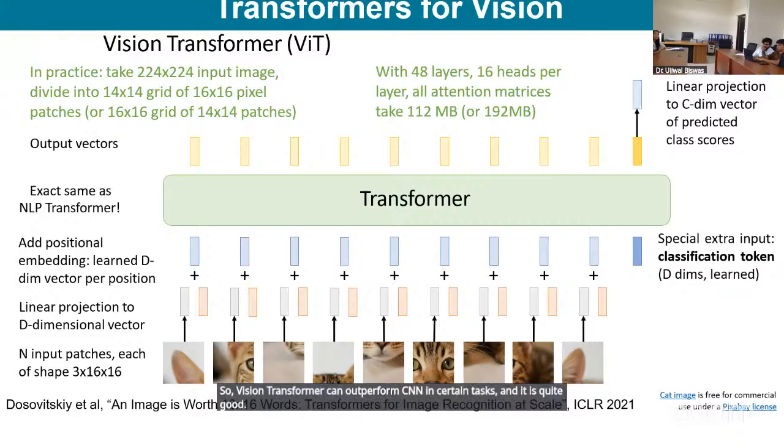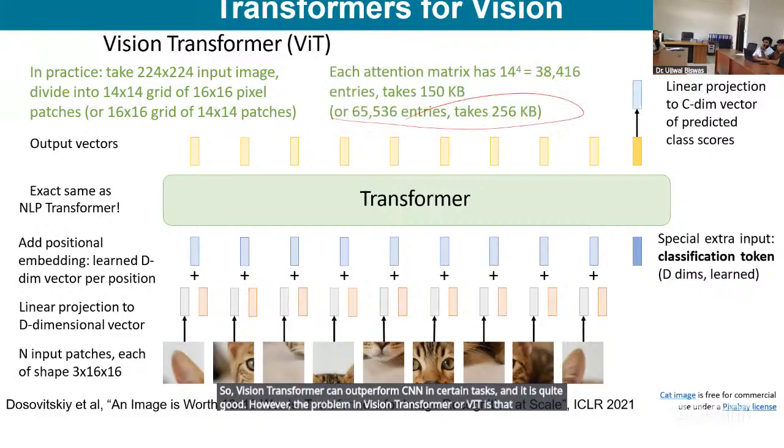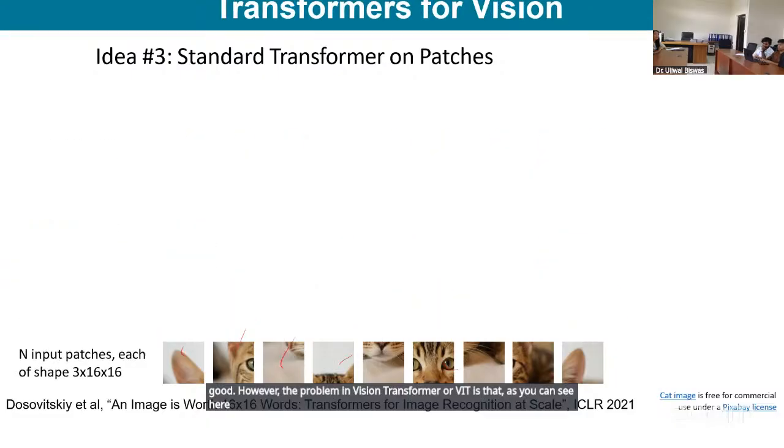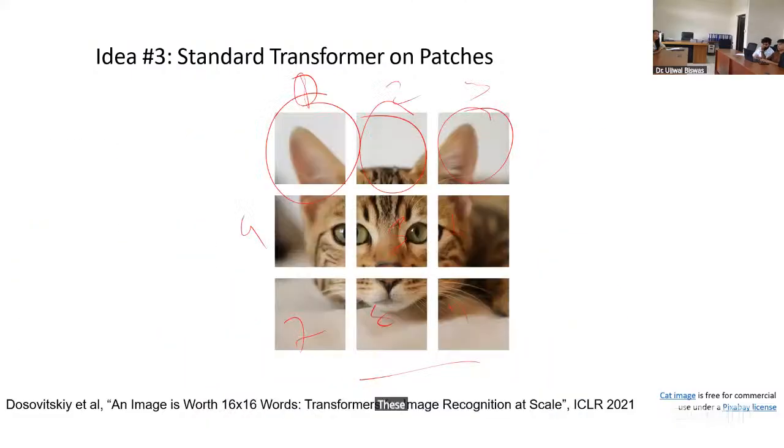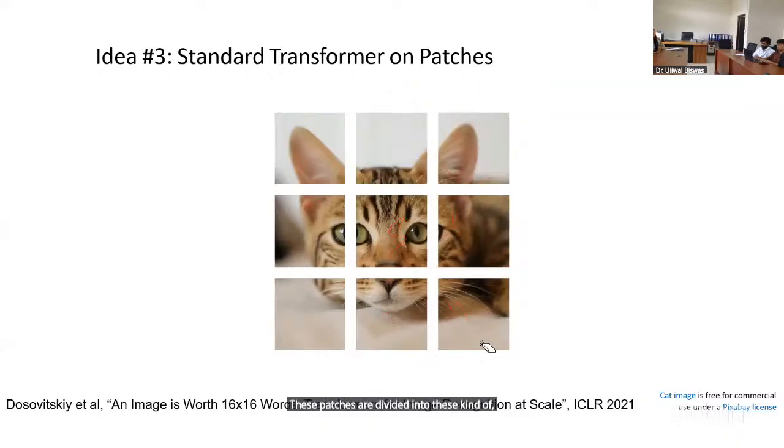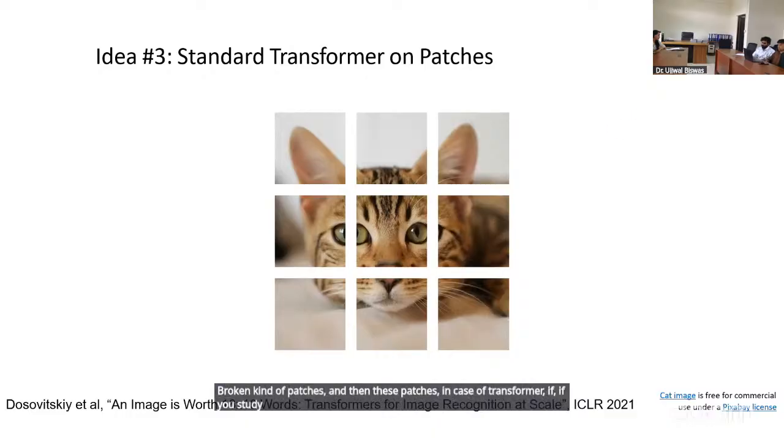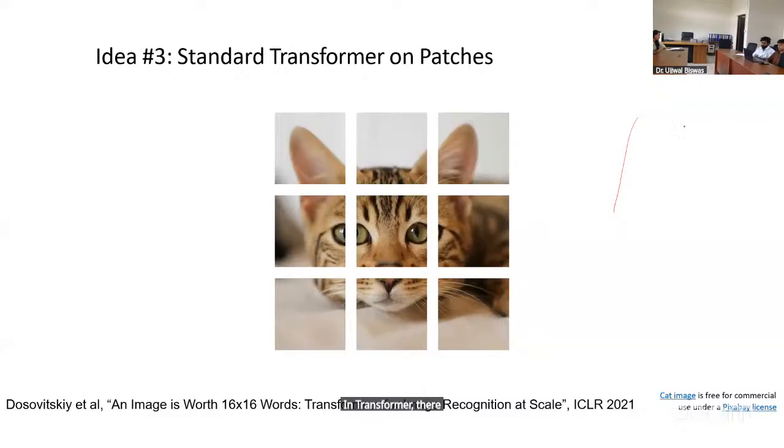However, the problem in the vision transformer, or ViT, is that, as you can see here, the image is divided into these token-like patches. In a transformer, if you study it in the future, or maybe if you know already, there is no encoding type of process like in a CNN.